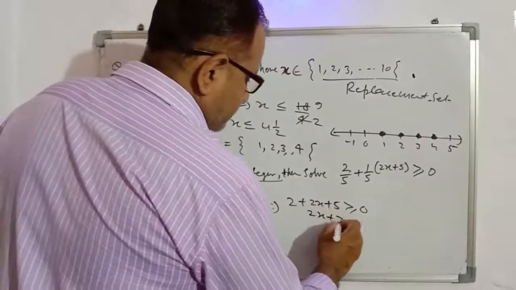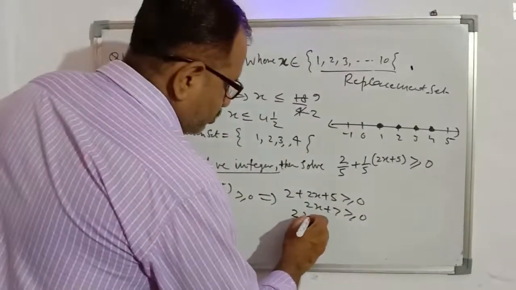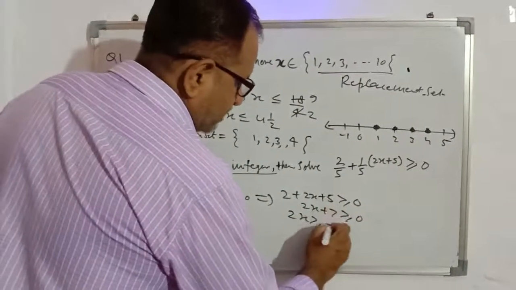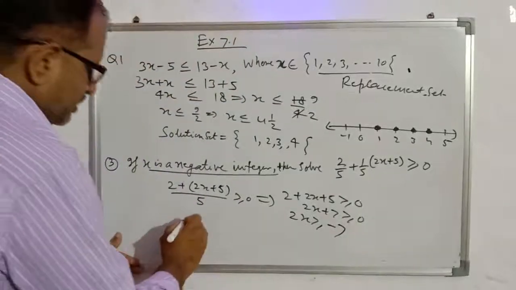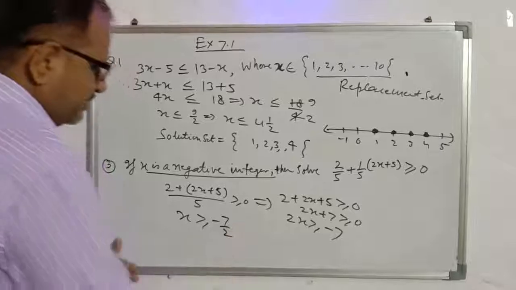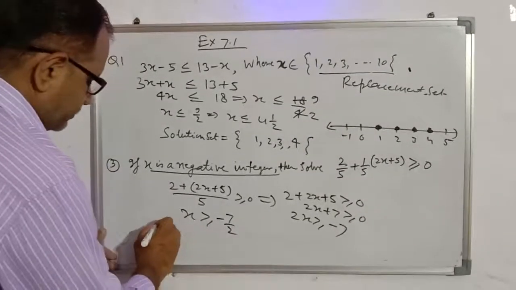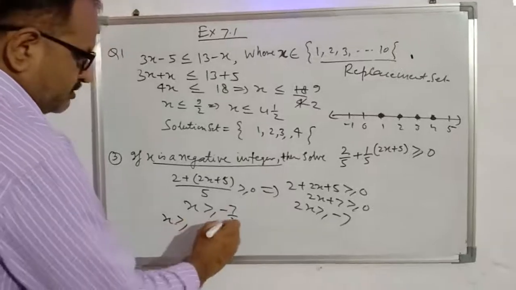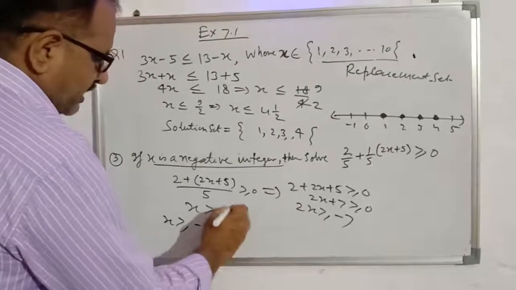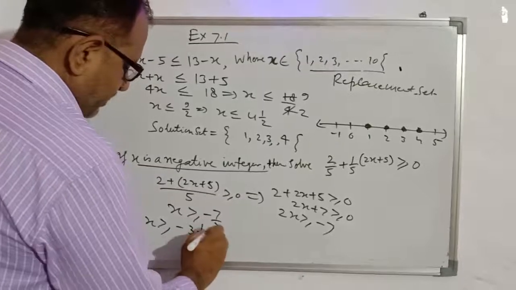So 2x plus 7 greater or equal to 0. 2x greater or equal to, transposing 7, minus 7. So what will be x? x greater or equal to minus 7 by 2. Dividing it, 2 threes are 6, so minus 3 whole 1 by 2.